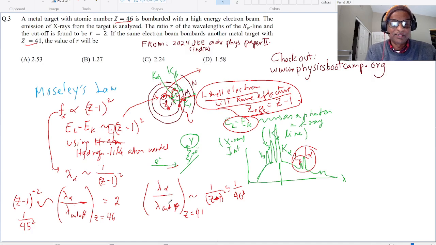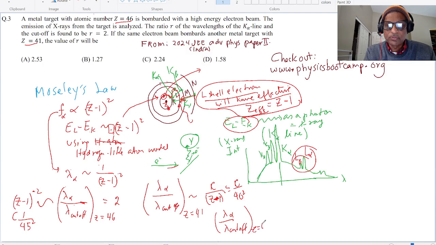Now take a ratio of this with that, to kill the constants: lambda alpha over lambda cutoff when Z equals 41 equals lambda alpha over lambda cutoff at Z equals 46, times 45 squared over 40 squared.